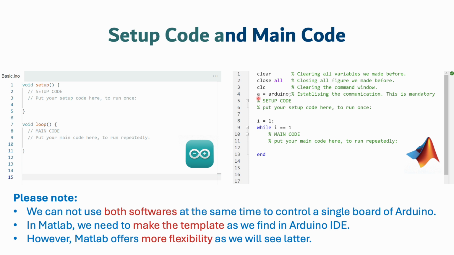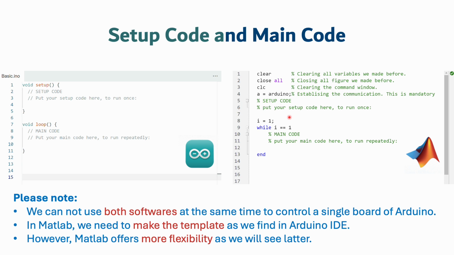So in the next programming in the future, a will represent the hardware. If you write down a here, a is the Arduino being detected by MATLAB and the computer. And then you can write the setup code here. Everything you write here will be executed once.